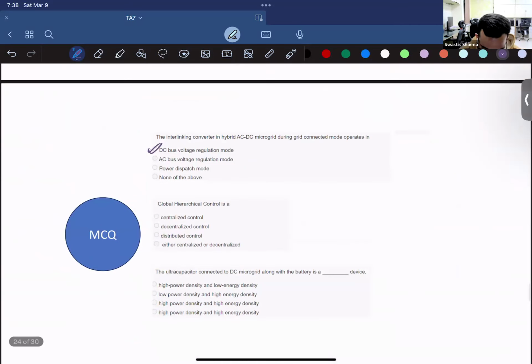Fifth, global hierarchical control is what? Who can answer this? So if there is one person giving control signals, what does it reflect for the system? Centralized control, sir. Yes, it represents a centralized control.